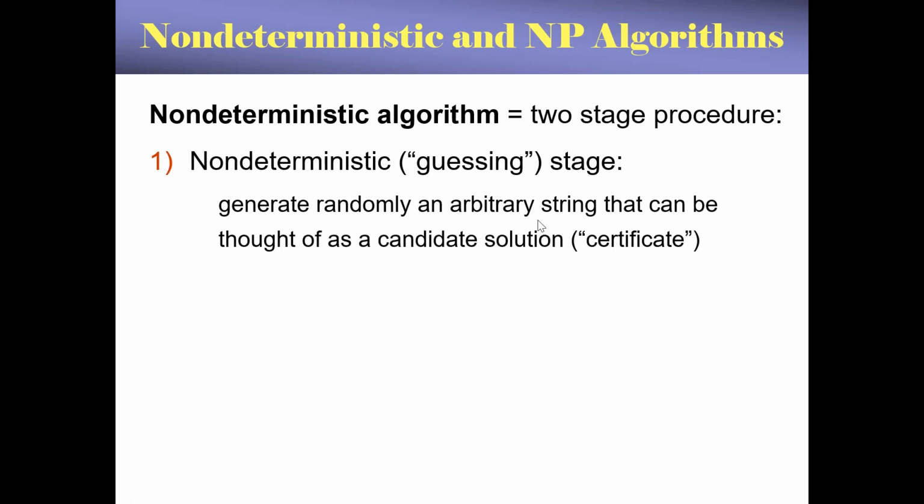So this is stage number one: generate randomly an arbitrary string that can be thought of as a candidate solution. Technically, this is called a certificate. So a certificate is like a candidate solution to your problem.